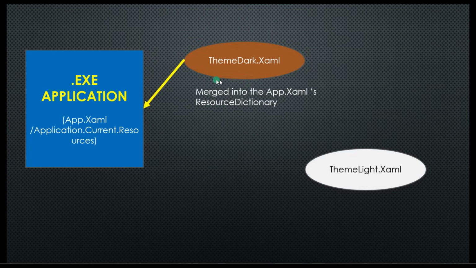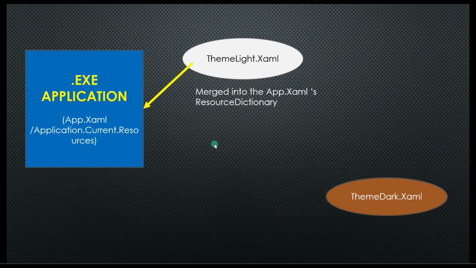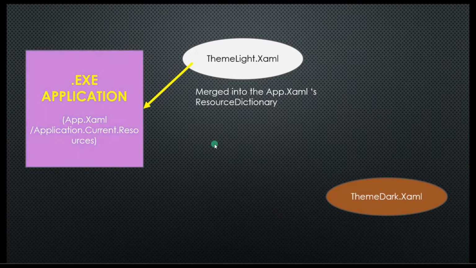During runtime, from the merged dictionaries, you need to remove theme dark and add theme light. Something like this. And when you do that, your color and your font change, but not as slowly as seen now in the presentation. It will be much quicker. It will be instant. You won't even realize it. So of course you will realize it.